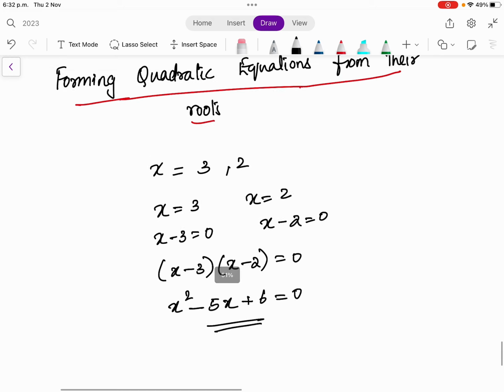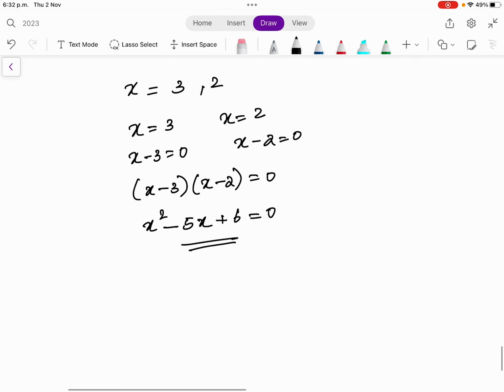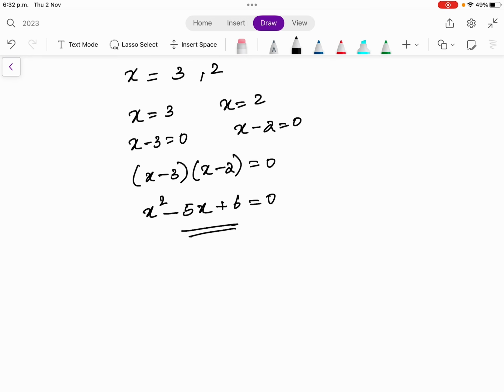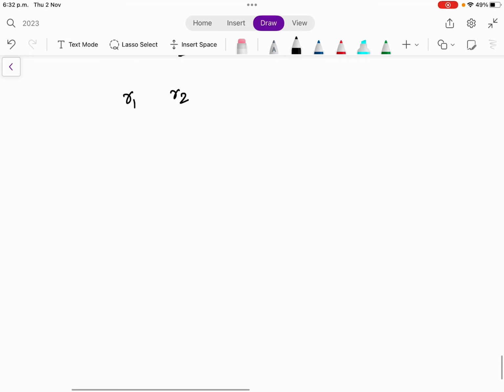Now there's another method to get the quadratic equation given the roots. If r1 and r2 are the roots of the quadratic equation, the equation can be written as x squared minus (r1 plus r2) times x plus r1 times r2, which is equal to 0.